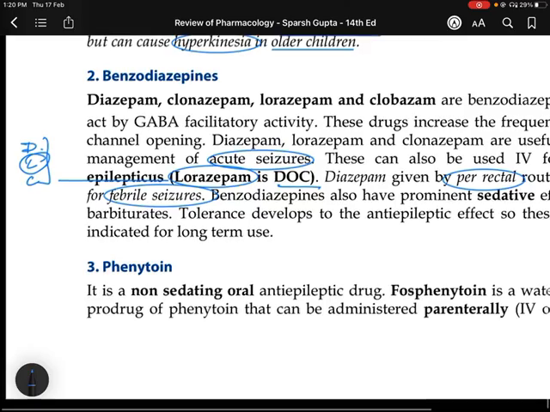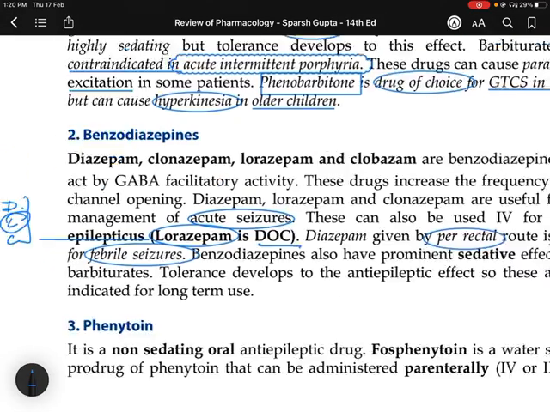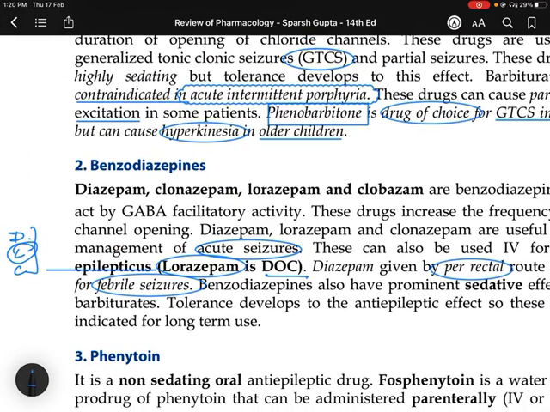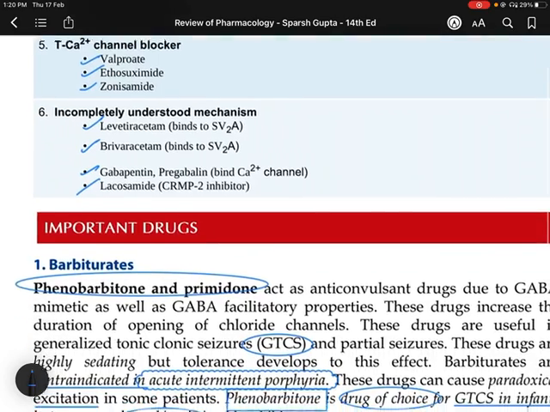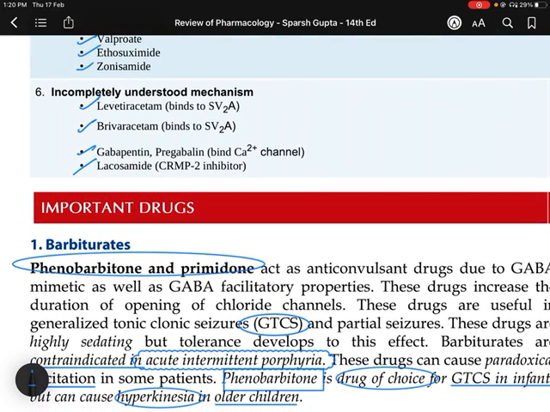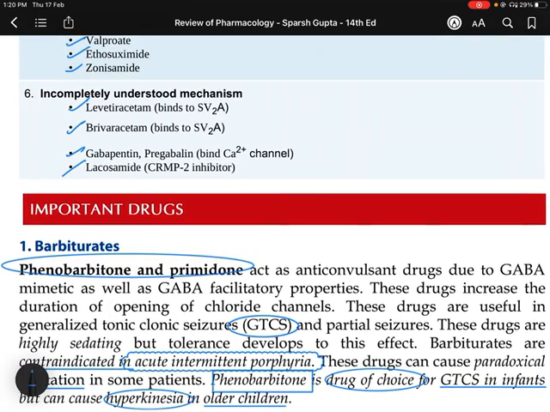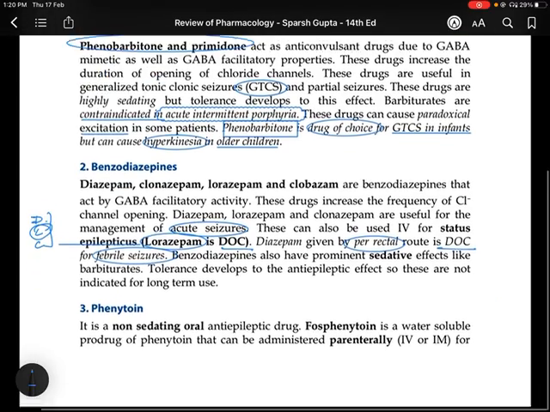So these are not indicated for long-term use. Obviously, tolerance will develop. That's why even when stopping the drug, we have to taper the doses, because stopping suddenly will cause psychotic symptoms.